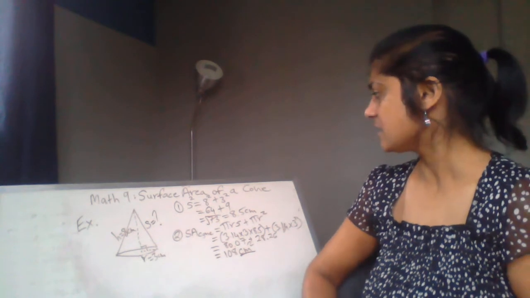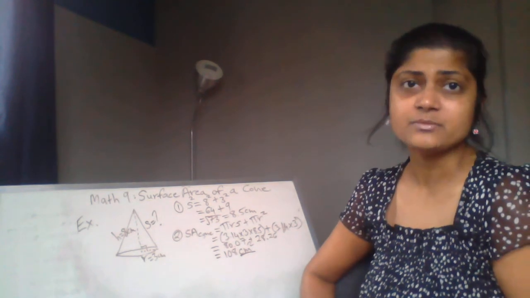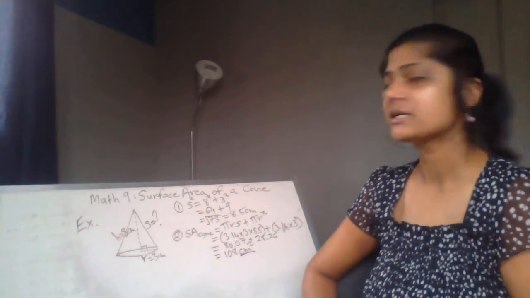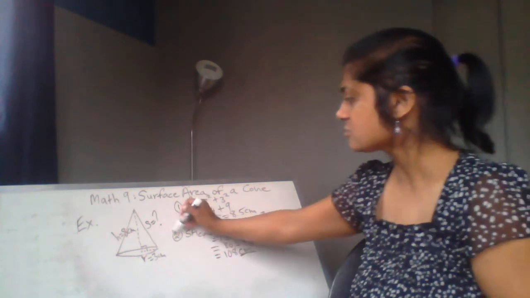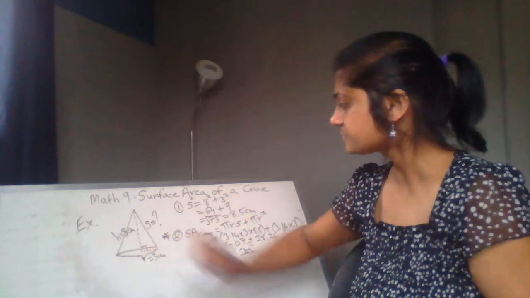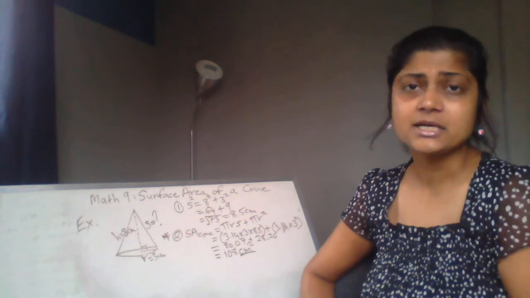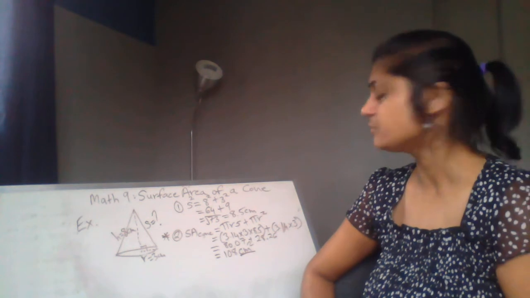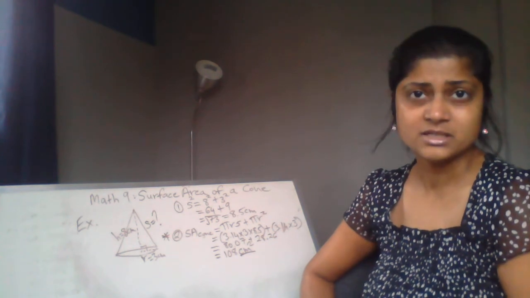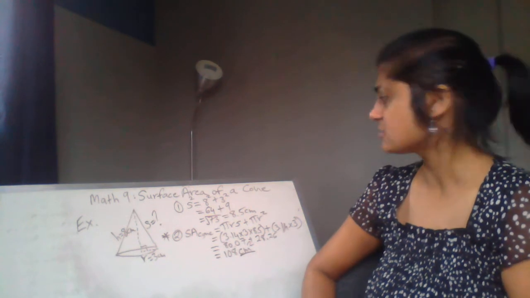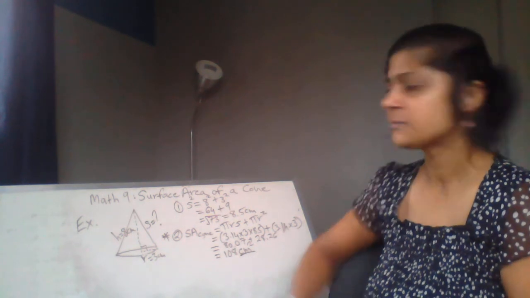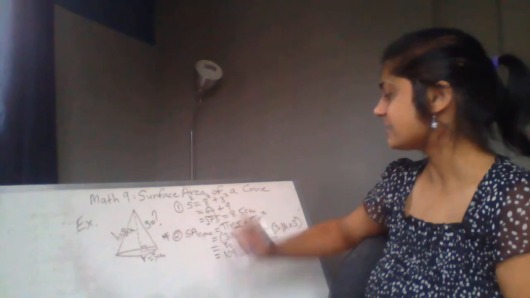At the same time, this formula can be used to calculate the radius or the side length. Sometimes teachers will provide you with the surface area of the cone and ask you to solve for one of the variables, and most likely it will be the value of S, the slant height.